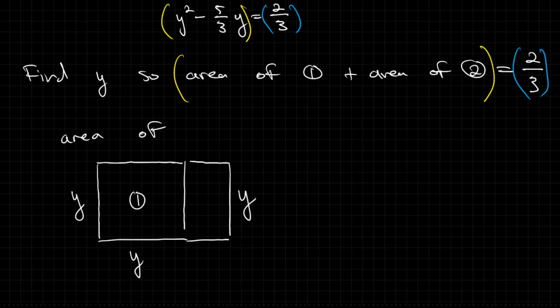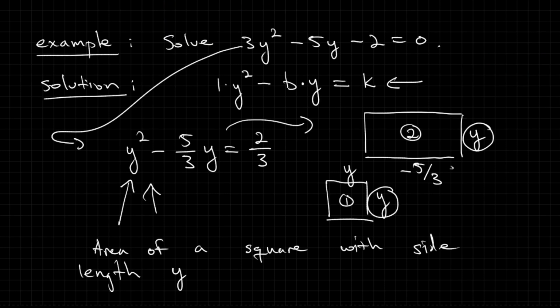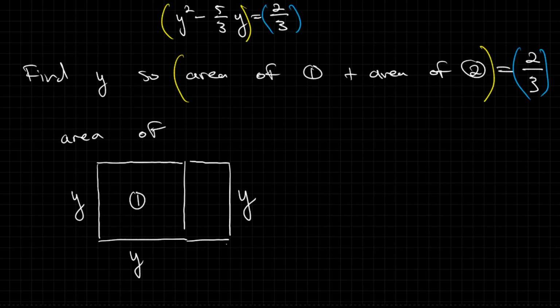And then the other length will not match up. That will be -5/3. So there's my second shape, and we want the area of this shape to be equal to 2/3. So all this is a geometric reformulation of the algebraic equation that we had earlier, y squared minus 5/3 y equals 2/3.